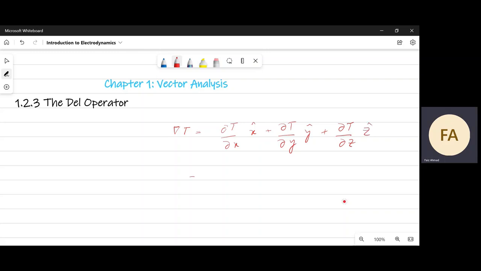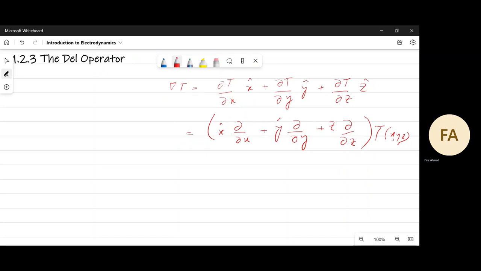So I can write this as x partial over partial x plus y partial over partial y plus z partial over partial z, and then a scalar function which is a function of x, y, and z.